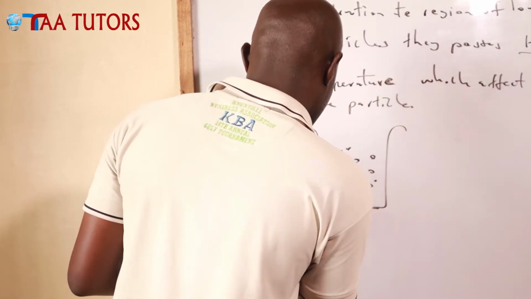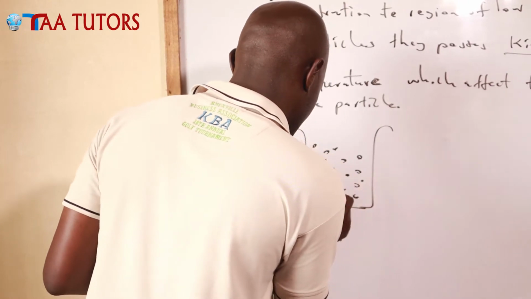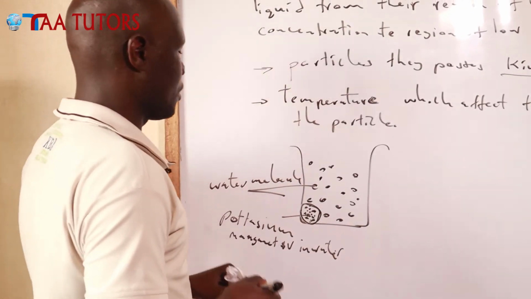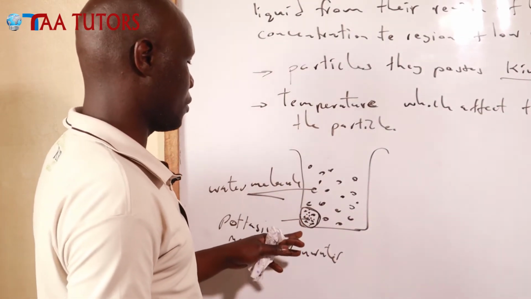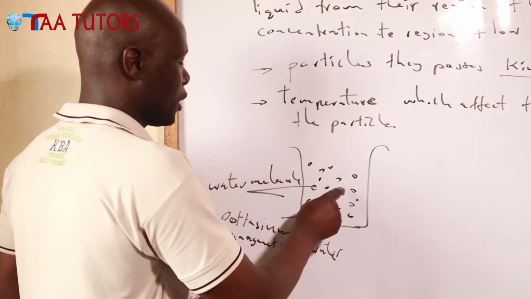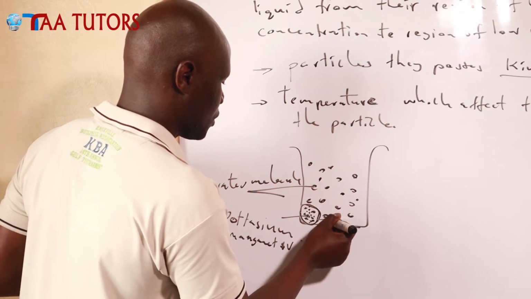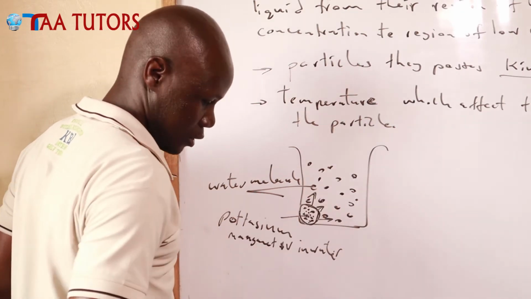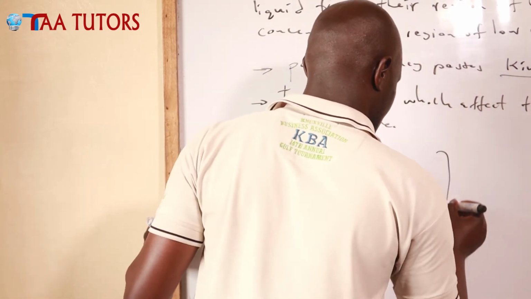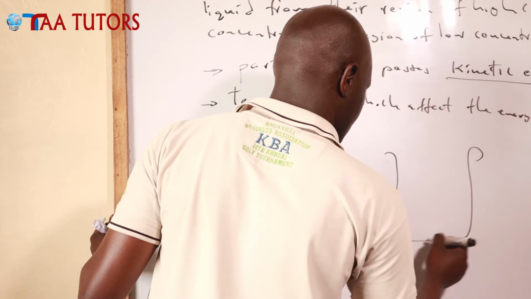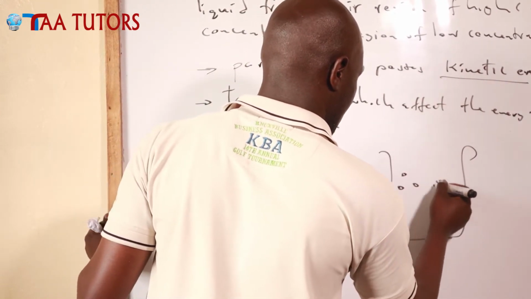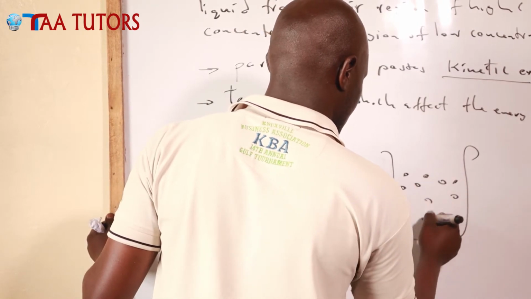So we know that these molecules, if you look at them, are highly concentrated at this particular point. So these molecules can move by diffusion. How will they move? They will tend to move to areas where they are few so that they can spread in this water. So at the end of the day, we will have this water of mine looking like this. It will have this kind of appearance if diffusion has taken place in it.